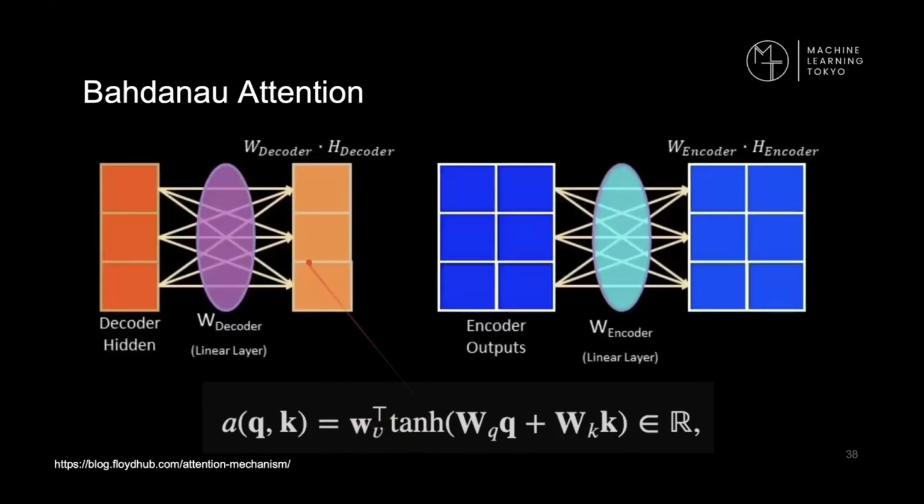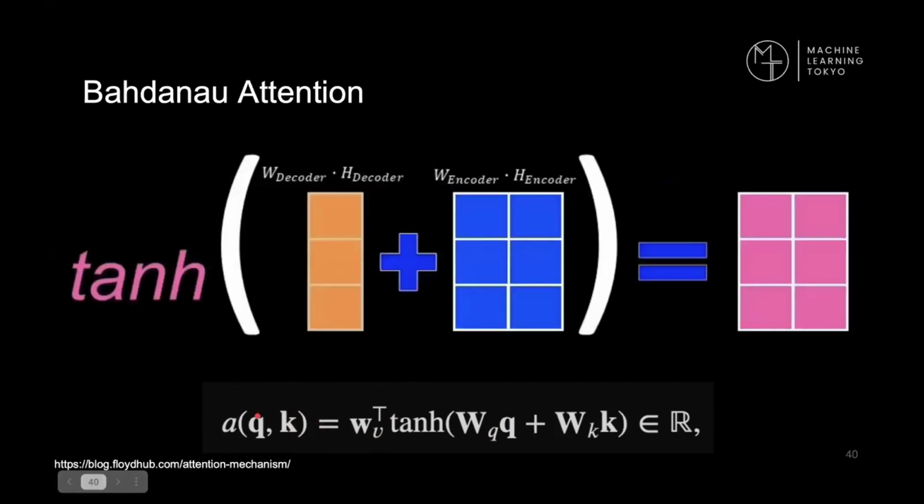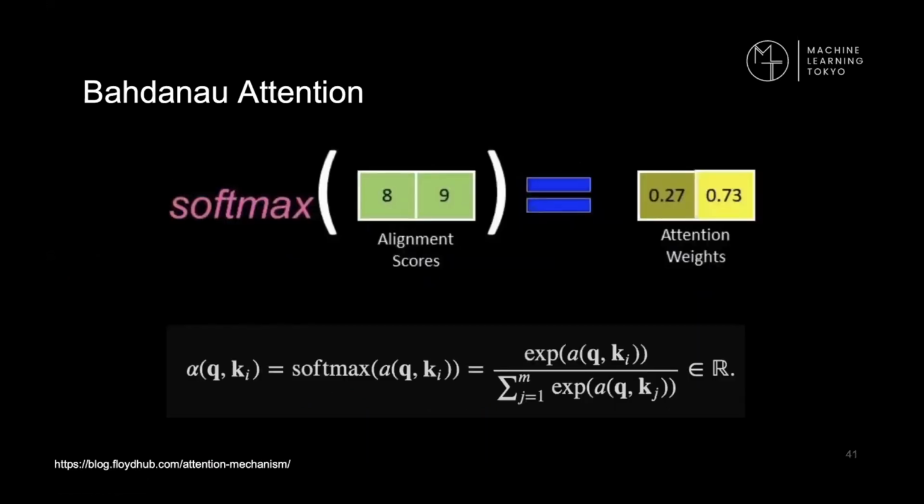In this case, you have a one-by-three vector over here and a two-by-three vector over here. What you'll do is add both of them together, so you'll get a two-by-three vector over here. You have this function over here. You multiply both of them, and it's going to give you alignment scores. This is what we have as A of Q and K over here. So this is the same step just shown earlier. Then you apply a softmax on top of it.